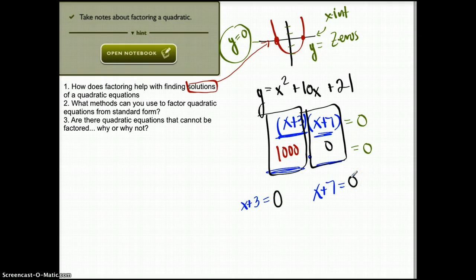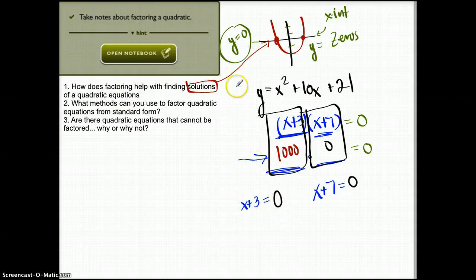Either one of these possibilities, my answer will equal 0, and that's what I want. We actually have a name for this exact situation. We call it the zero product property. Every time I multiply by 0, I get 0. So, zero product property.